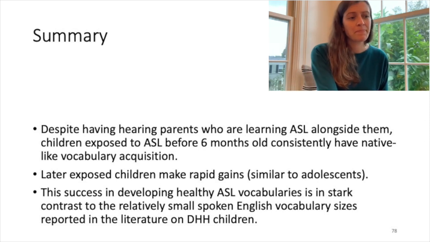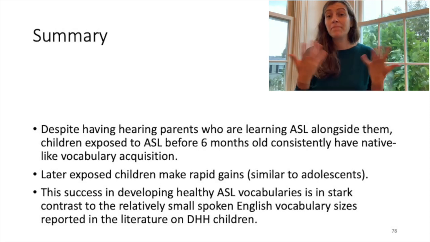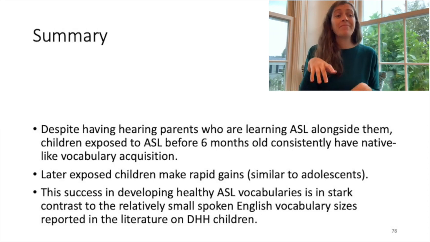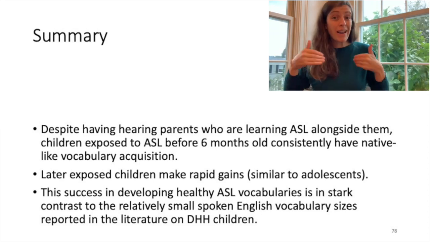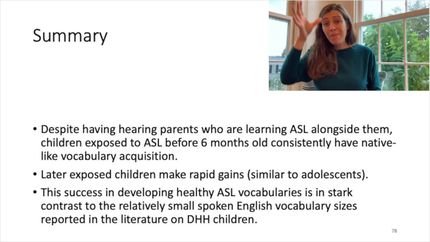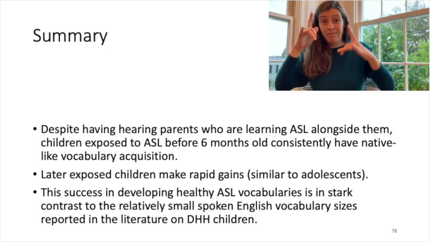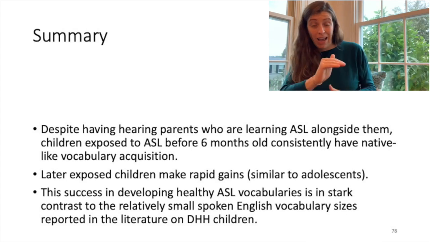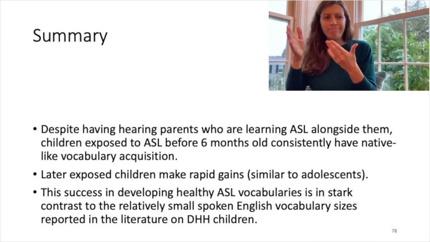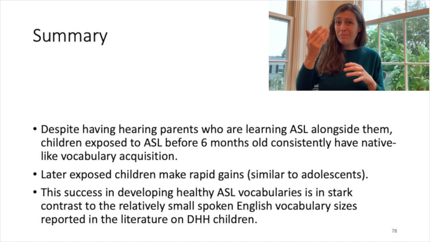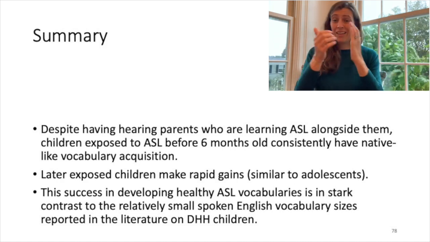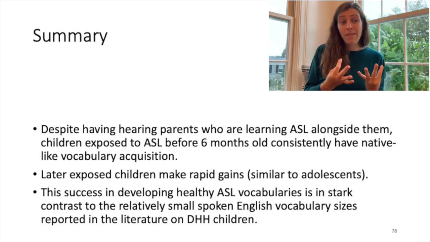So to summarize, despite having hearing parents and parents who are typically learning ASL alongside their children, children who are exposed to ASL before 6 months old seem to consistently have native-like vocabulary acquisition, at least in this data set.